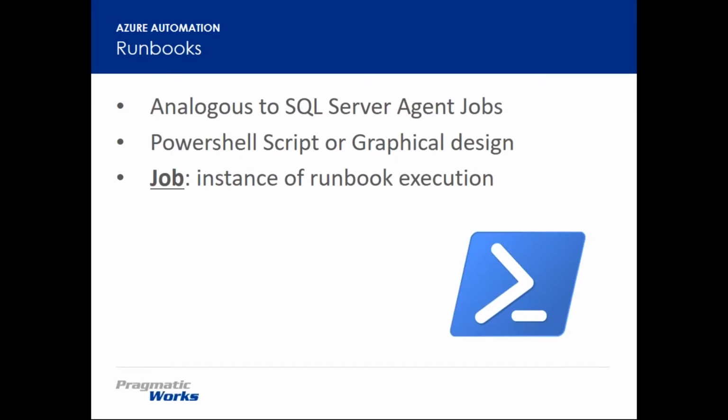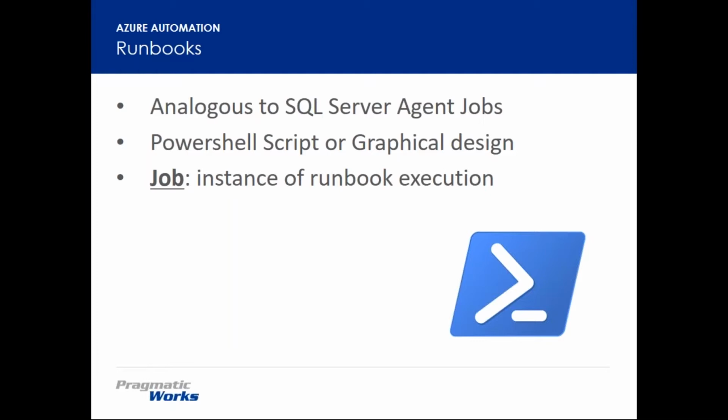A concept that's very important to understand as we get into Azure Automation is the notion of a runbook. A runbook is what I call the unit of work in Azure Automation. If you want to automate something with Azure Automation, you do that with a runbook.